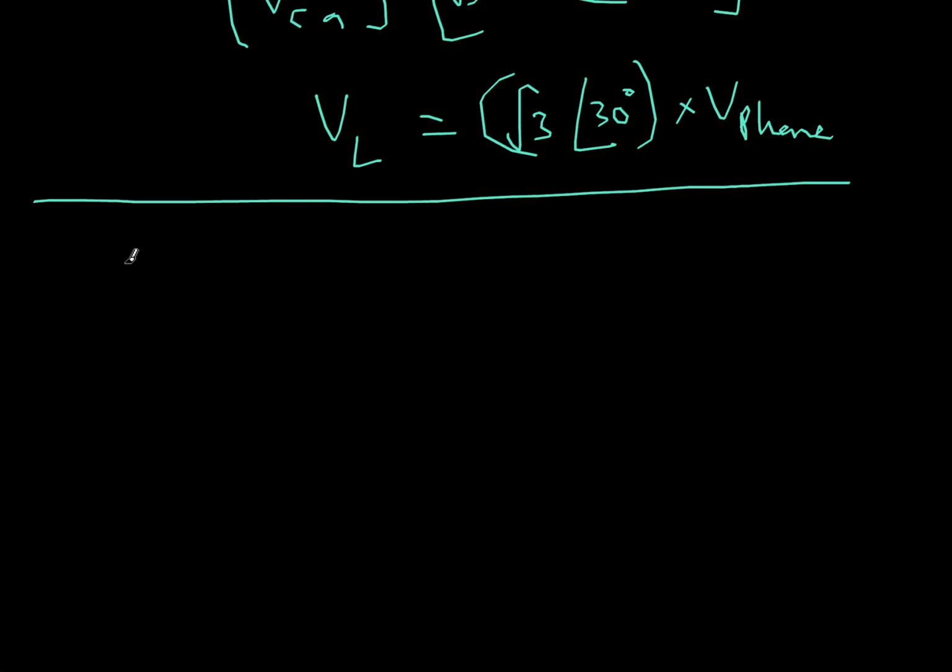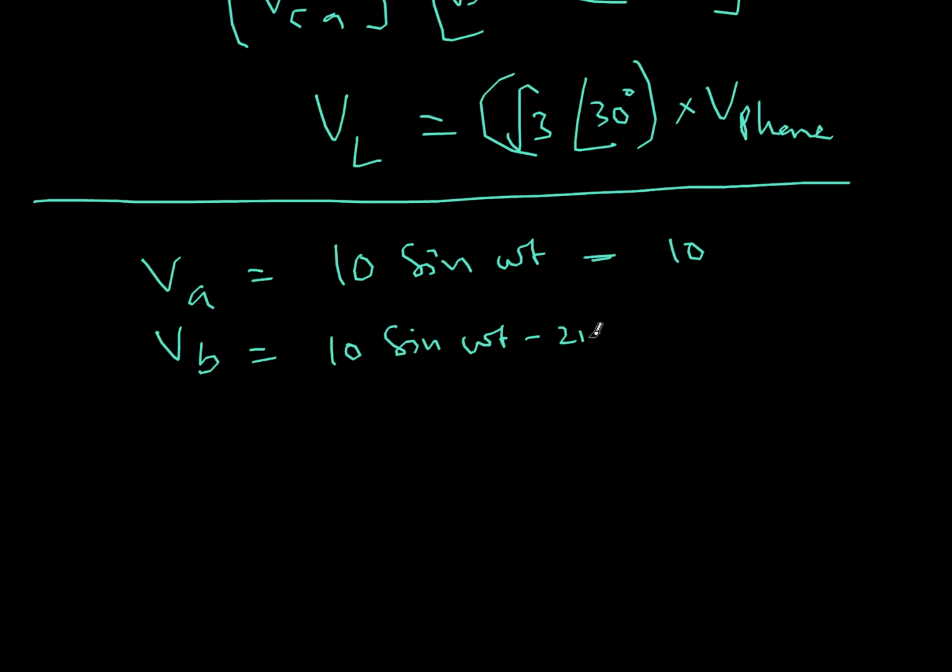So how do you define VA? So equation 5, let's take the maximum value is 10 volts. So 10 and then sine omega t. So this one is just simply 10, whereas VB will be 10 sine omega t minus 2 pi by 3. So this will be denoted as 10 angle minus 2 pi by 3, or 10 e to the power of i into minus 2 pi by 3.